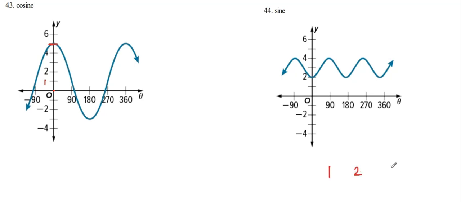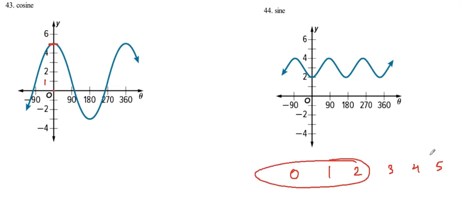How to find out the middle value now? So we need to draw the middle line here. So this will be the middle line.